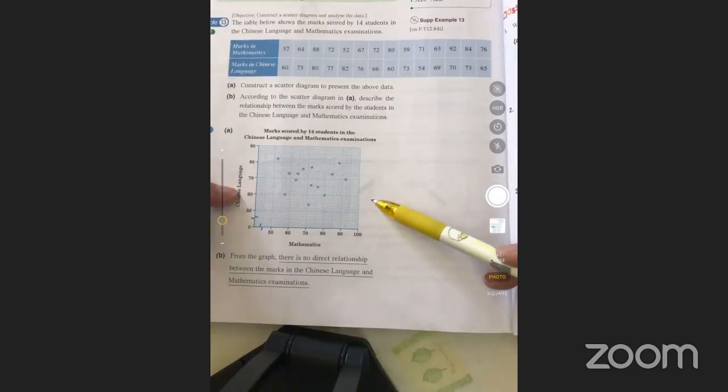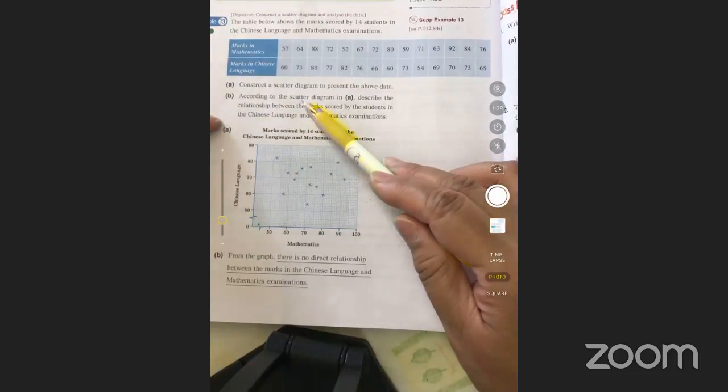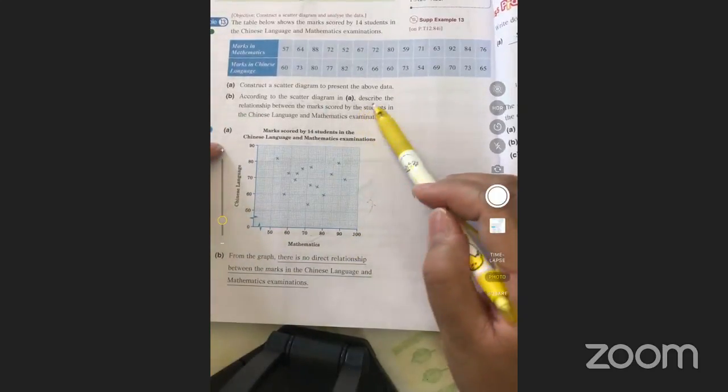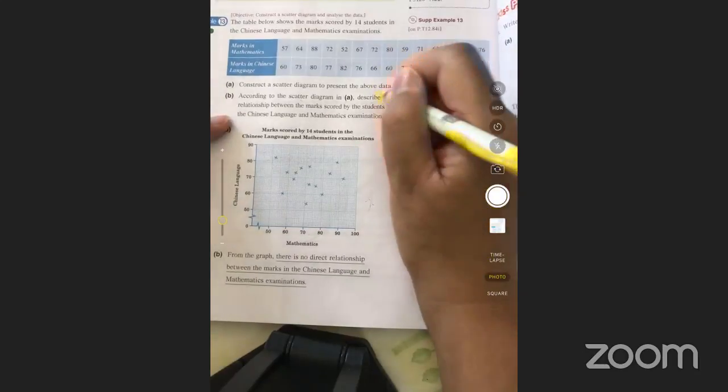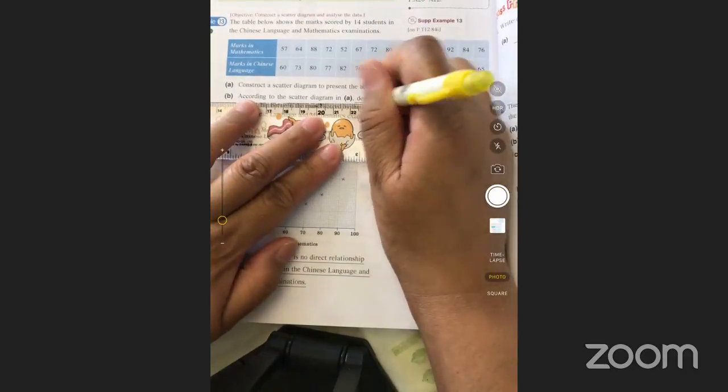After you have got this diagram, you look at part B. According to the scatter diagram in A, it means after you have done part A and constructed the diagram, describe the relationship. You can see the same phrase. Describe the relationship, which means you need to write something.